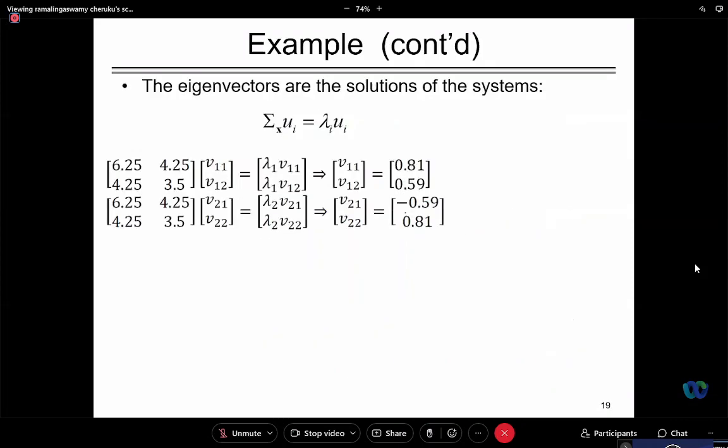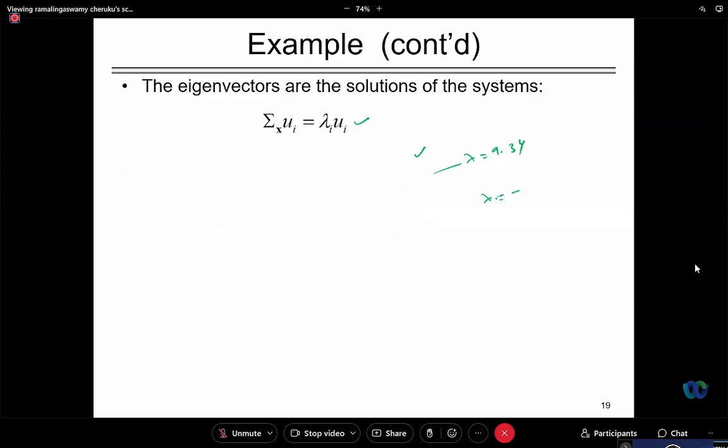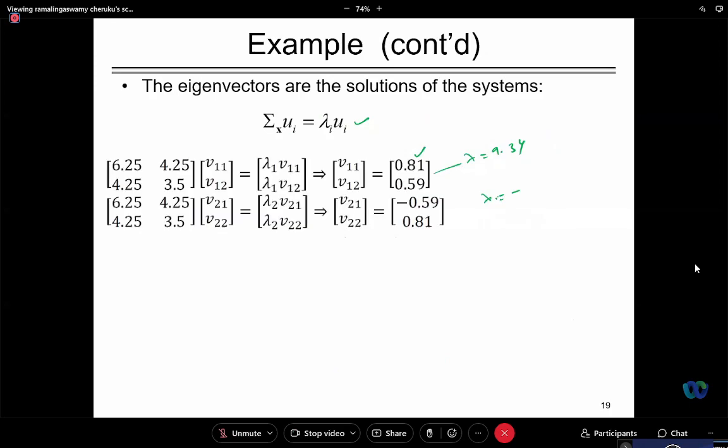When you substitute the eigenvalue in this, you will get the eigenvector. This is the eigenvector corresponding to lambda equal to 9.34, and this is the one corresponding to 0.41. Now this is lambda 1 and lambda 2.